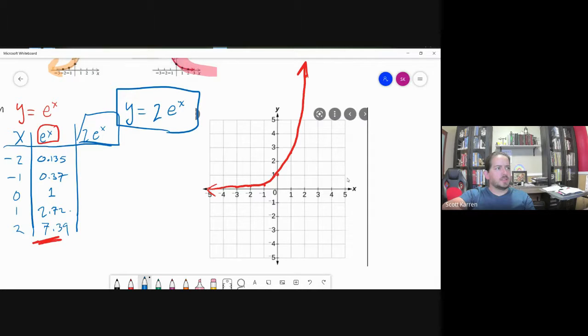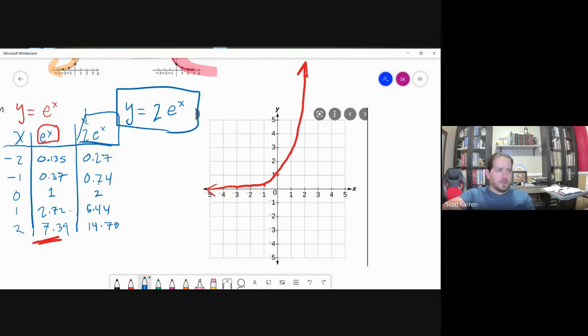And it's essentially, this 2 is just going to take whatever e to the x was and multiply it by 2, right? So I would have 0.27 here, and 0.74, 2, and 5.44-ish, and then 14.78-ish, right?